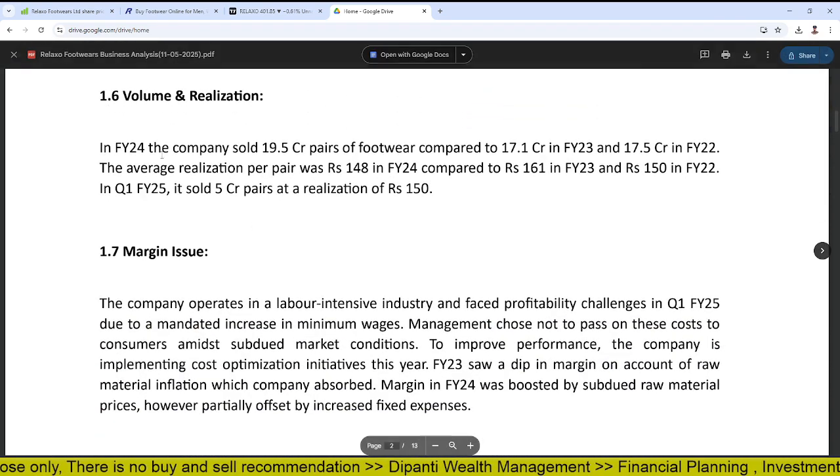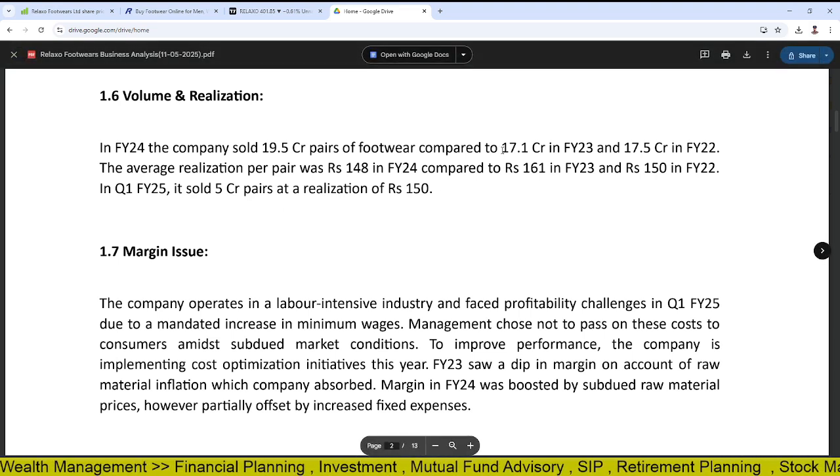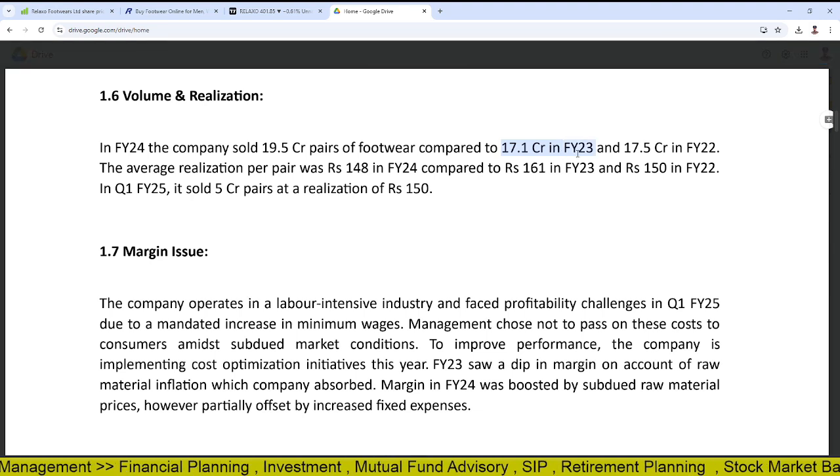Now let us come to the next point, that is your volume and realization. In FY24, the company sold 9.5 CR pairs of footwear compared to 17.1 CR in FY23.